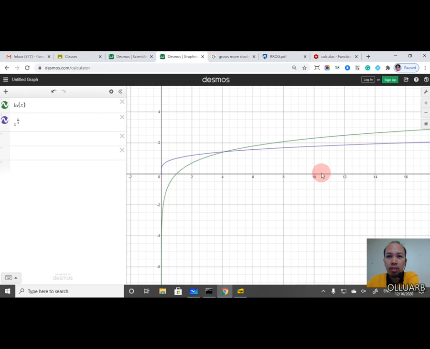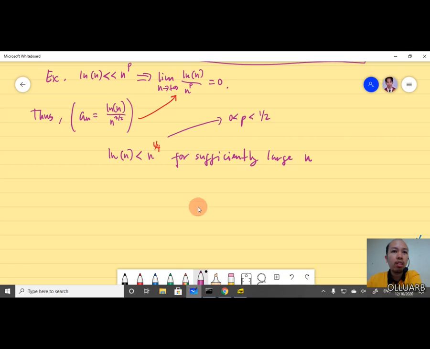Look at the values. For example, with n equal to 8, ln 8 is much bigger than 8 to the 1/4. However, as I wrote here, this is for sufficiently large n. So what does it mean?